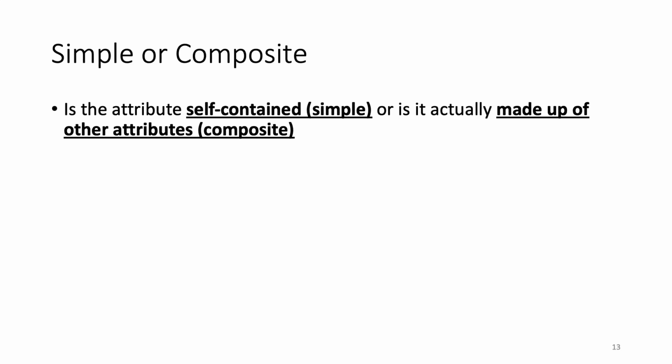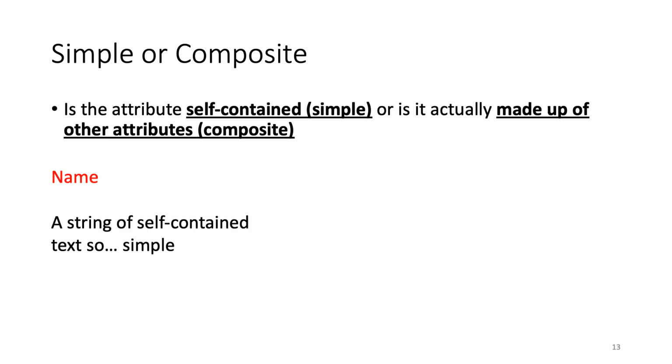Is the attribute simple or composite? So simple attributes are, as it says on the tin, fairly simple. They are self-contained. They are things which are made up from one item, name, whatever. Composite attributes, on the other hand, tend to be actually made up from multiple other attributes. The most common example you would give is things like an address or a title or something like that.